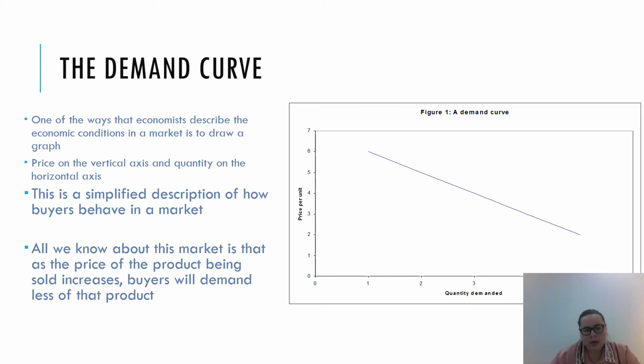So this would be the graph. We discussed it a lot in the past 2 weeks, right? Basically, the price is always placed on the vertical axis, and the quantity is always placed on the horizontal axis, right?